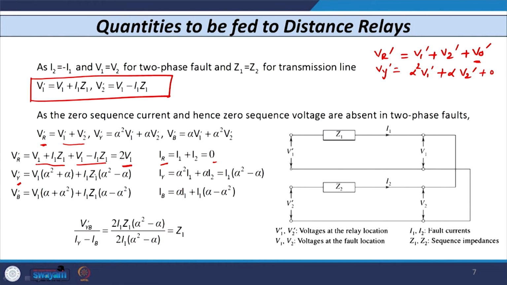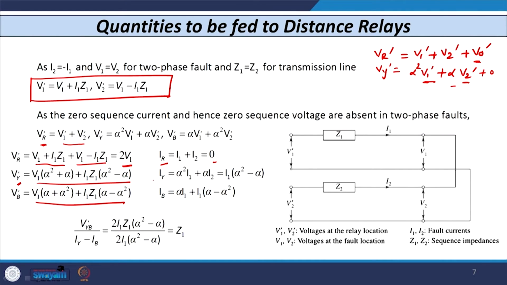You can put it here. Similarly, you have alpha V2 dash, where V2 dash is V1 minus I1 Z1. If you put here the values of V1 dash and V2 dash, then you have the final equation like this: V1 alpha square plus alpha, plus I1 Z1 into alpha square minus alpha. In the same way you can find Vb dash, because Vy is equal to Vb. This is also the same, only the difference is in this value.